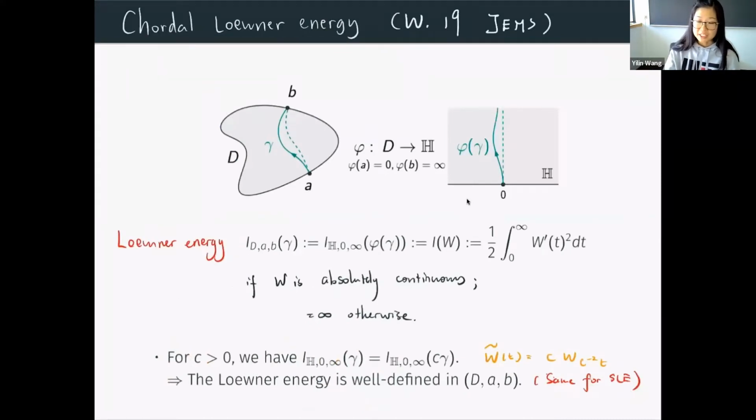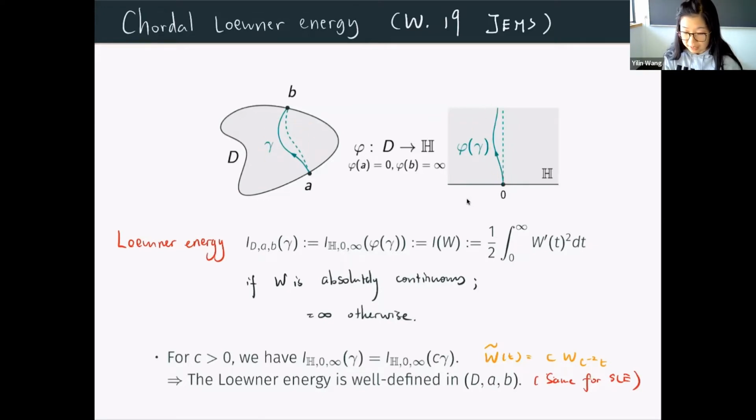The Loewner energy is just defined to be the Dirichlet energy of the driving function. I can even define the Loewner energy for a chord, which is connecting two boundary points of another simply connected domain D. I just use this conformal map, sending the domain D to the upper half plane.